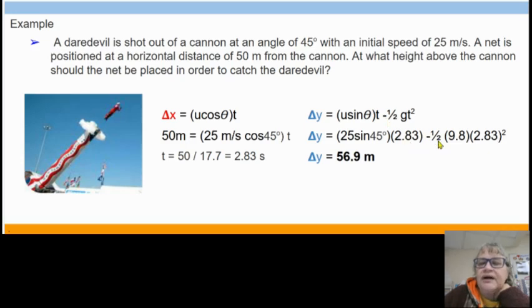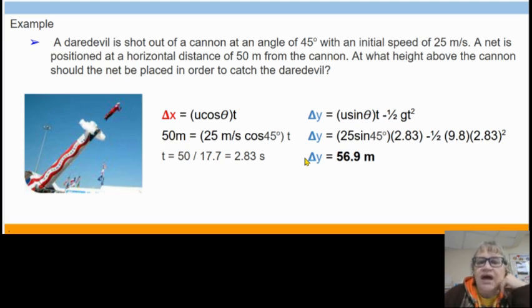And we're going to subtract 1/2 times 9.8 times that 2.83 squared. If we do all of that math, we end up with the net needing to be 56.9 meters above the ground.